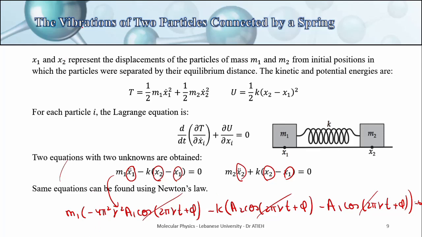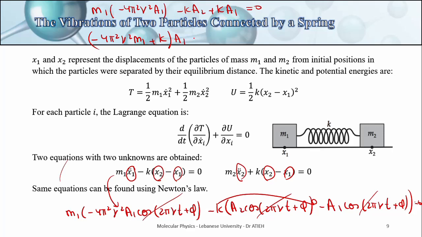So we are left with m1 times minus 4 pi squared nu squared a1, minus k a2 plus k a1, because minus k is multiplied by minus a1. It's equal to 0. Let's arrange a1 together. So we will get minus 4 pi squared nu squared m1 plus k, all of it multiplied by a1, minus k a2 equals 0.